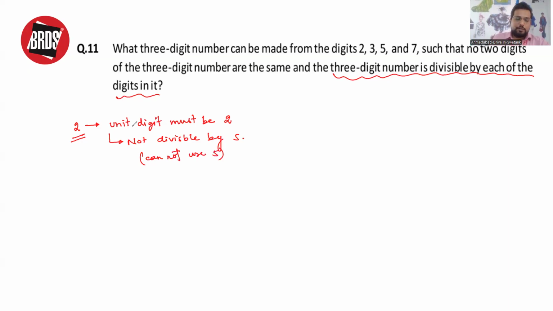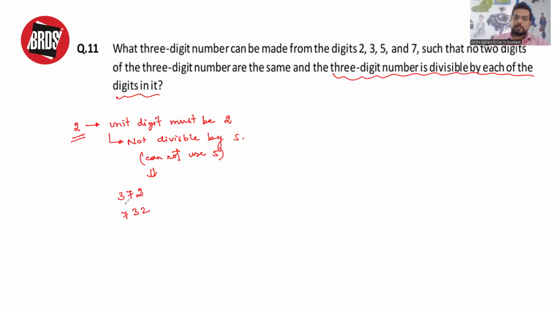If I want to use 2, the only options I have are either 372 or, sorry, my bad, 732. These are the only two options I could have. I cannot use 5 because the number wouldn't be divisible by 5. And the 3 and 7 I could only use with this 2. The numbers have to be such that 2 is always at the units place.